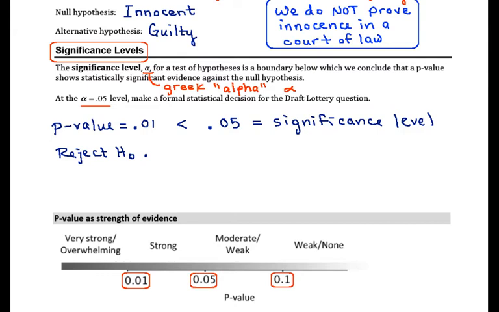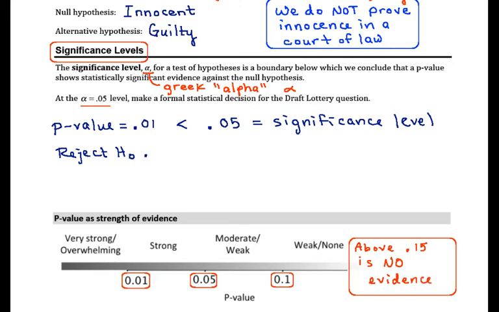I would say the none category is over here. Anything that's above 0.15 is considered no evidence. We wouldn't even call it weak evidence at that point. This is something that just by luck we would see 15% of the time. That's not evidence of anything.